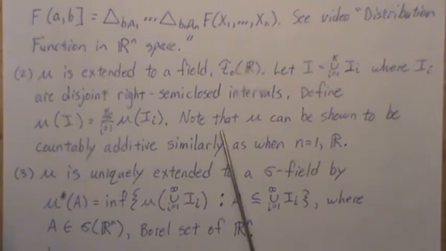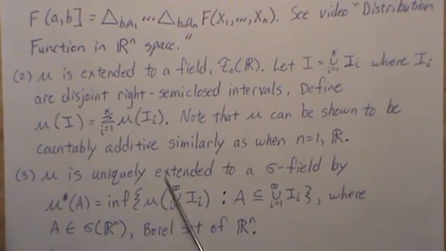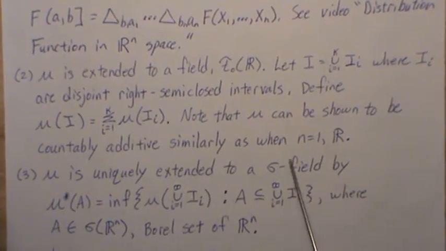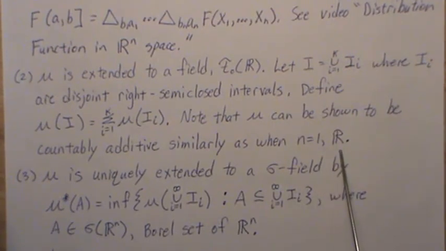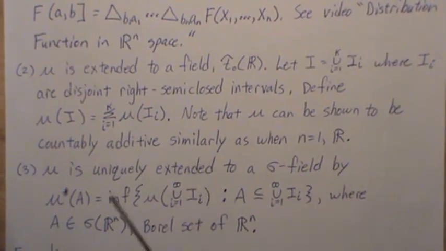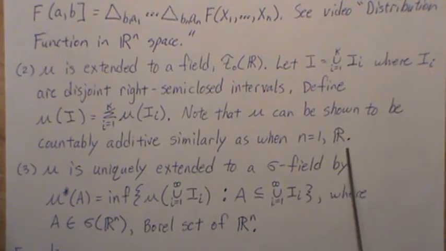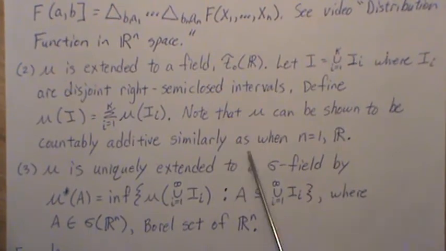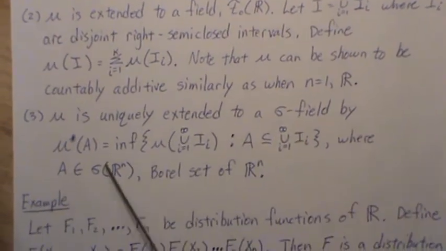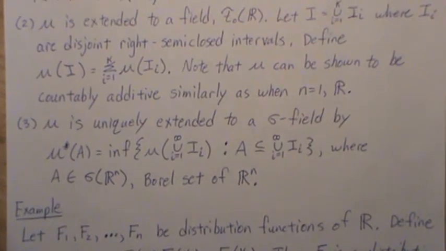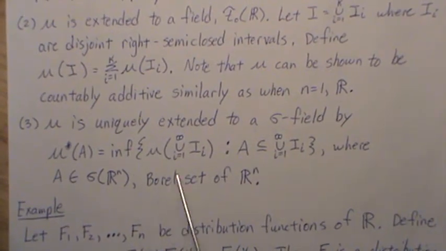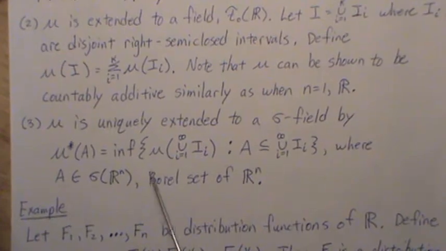So note also that it can be shown to be countably additive, similarly as when n equals 1, or when we're in the reals. And we proved that in a previous video when we were just in the real numbers as opposed to in n-space. And the proof is so similar that we're skipping it. Now then mu, the Lebesgue-Stieltjes measure, is uniquely extended to a sigma field by this. It's the infimum.